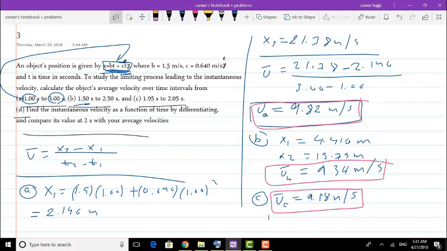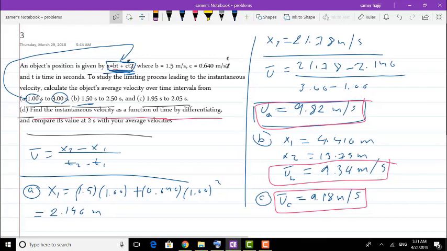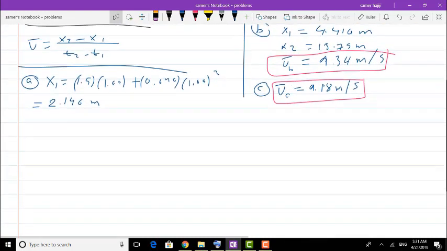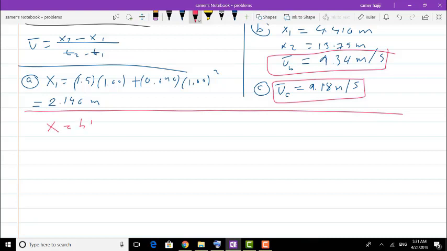Second, D, we need to find here the instantaneous velocity as a function of time by differentiating. So we have to differentiate this relation, x equals bt plus ct cubed.